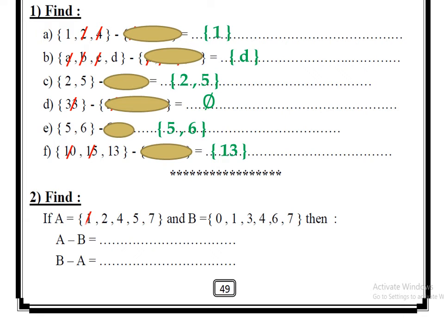I'm going to cross what's common: the 1, the 4, and the 7. After that I'm going to cover the set B. So what's left in set A is the 2 and the 5. Then in the second question they are asking B minus A. So this time I'm going to cover the set A and write what's left in B, which are the elements 0, 3, and 6.